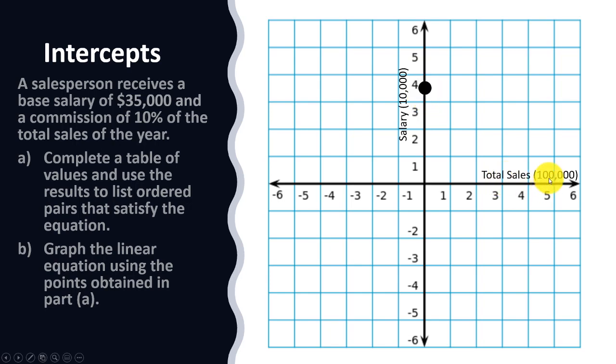When x was 100,000, or 1 for our graph, y was 45,000. And when x was 200,000, or 2 for our graph here, we had a value of 55,000. So we can see this is our y-intercept, and our slope turns out to be 10% of the total sales.